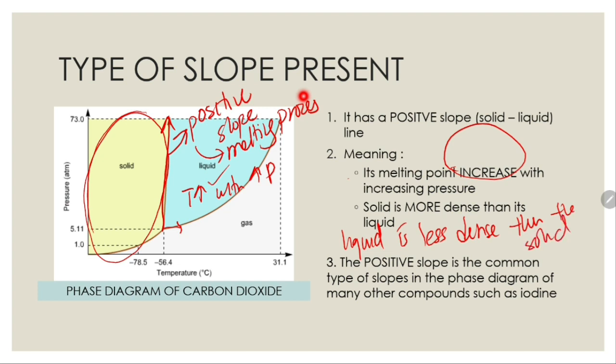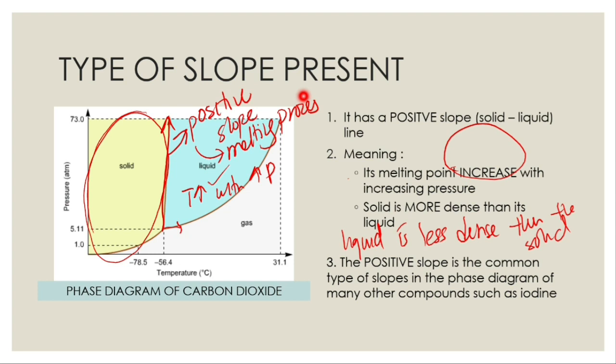Okay, and this positive slope is common for most compounds on earth, like iodine and other types of gases. It means the melting point increases with pressure, and its solid is denser than liquid. Negative slope is a special case for water.